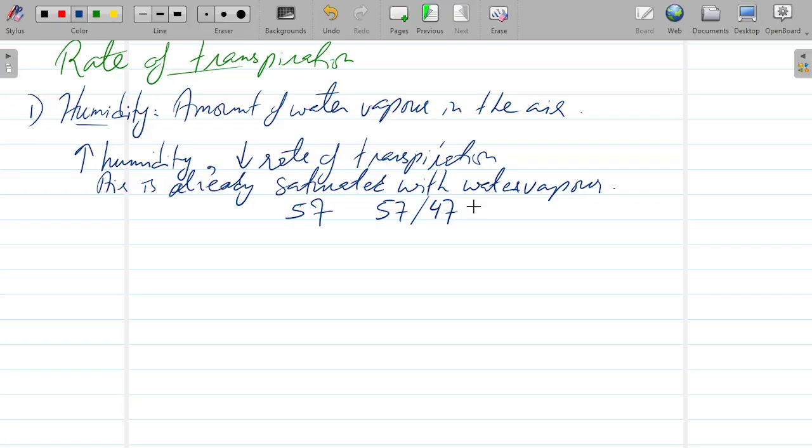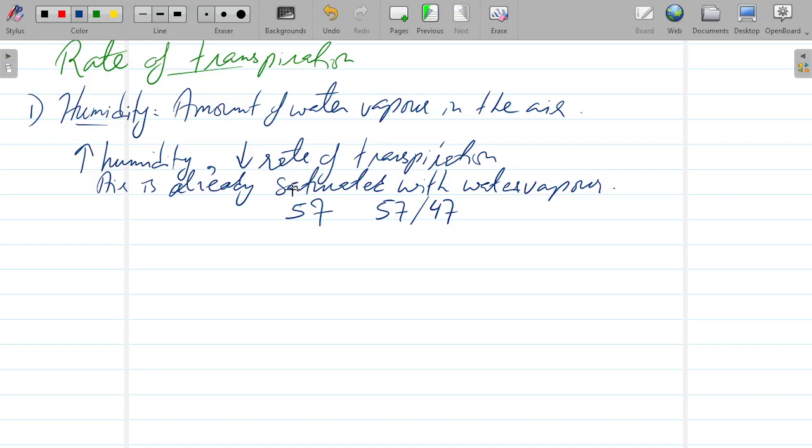So in either of those two cases, the rate of transpiration will be lower. These figures don't really mean anything, it's just to explain.